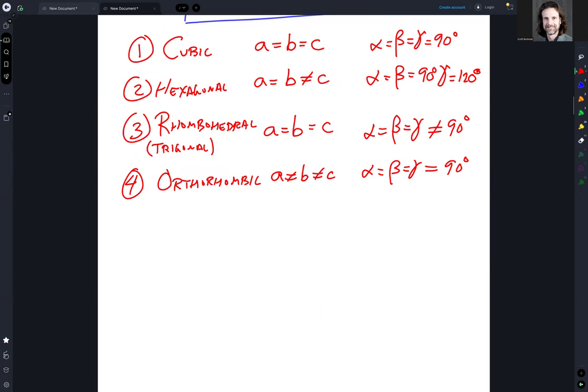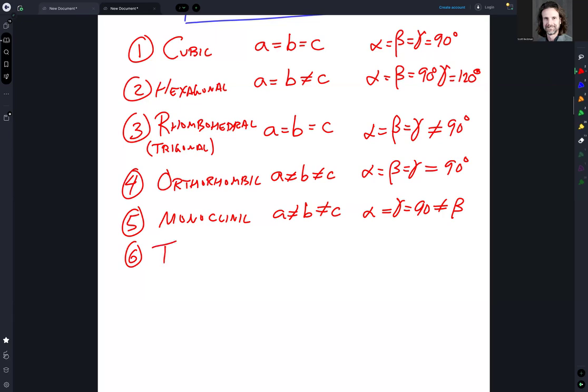You have monoclinic. In the monoclinic, A is not equal to B is not equal to C. Alpha equals gamma equals 90, which is not equal to beta. Six, we had the tetragonal. I kind of went out of order here.